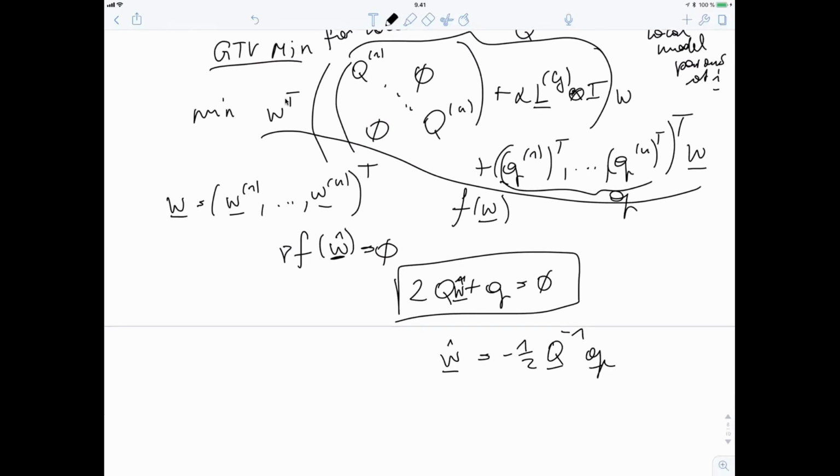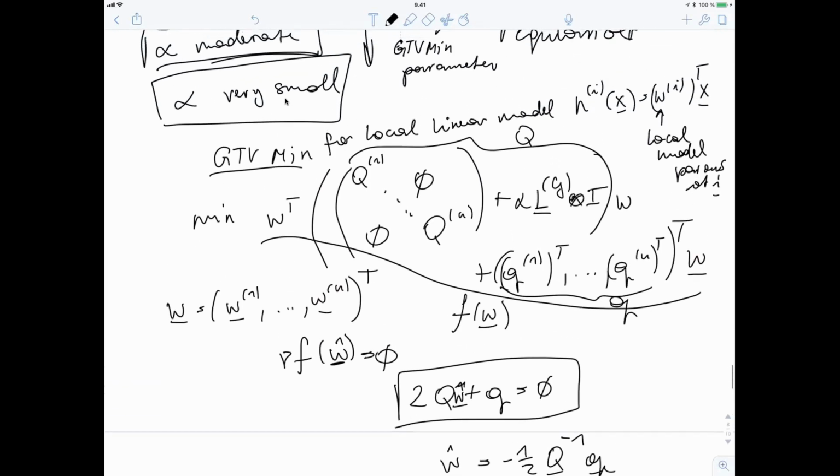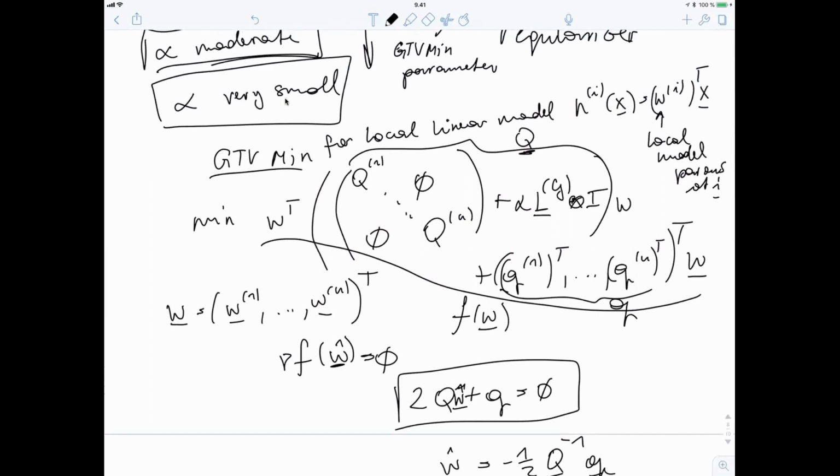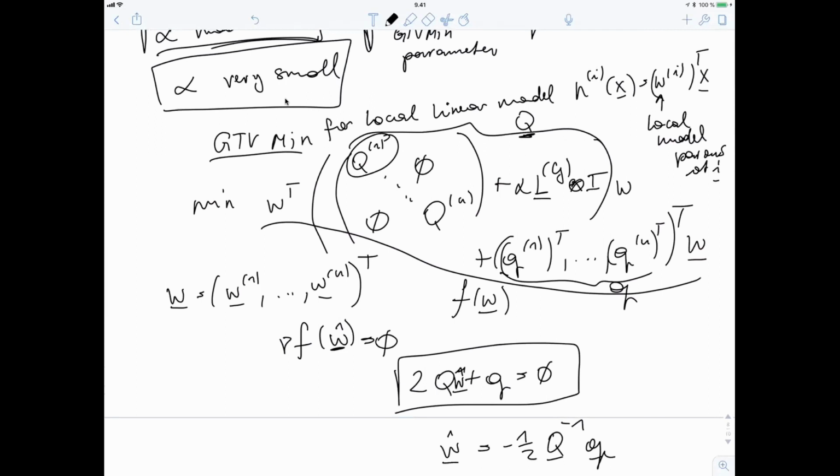This you will do in the coding assignment for a very simple setting. You will have to find out what this matrix Q is. By the way, this matrix Q consists of these local data sets, or these quadratic forms for the local data sets, which is 1 over m_i times the feature matrix of the ith data set.